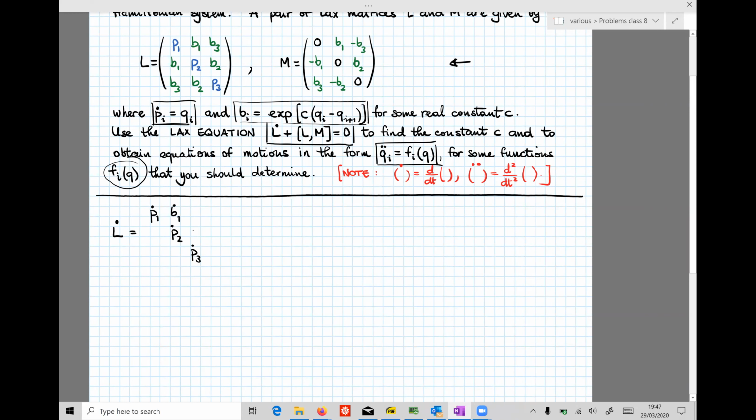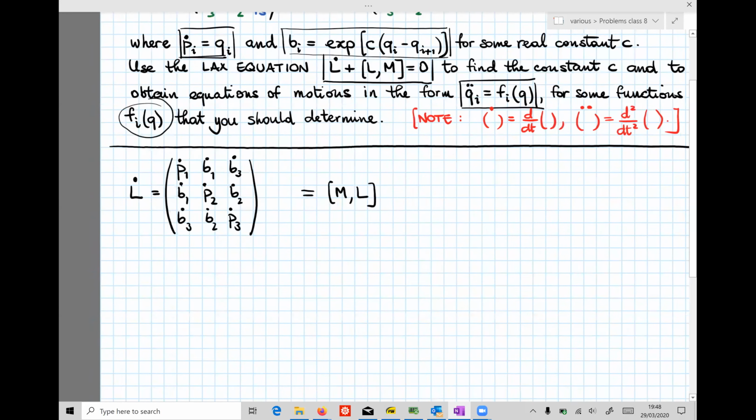So B1 dot, B2 dot, B3 dot, B1 dot, B2 dot, B3 dot. Then this, by the Lax equation, should be equal to a commutator of M with L.